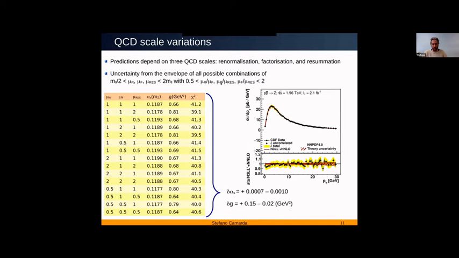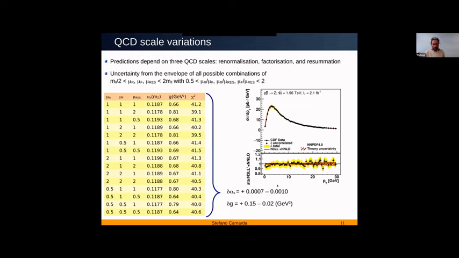So to compute missing higher order uncertainties, I combined all possible choices of scales, discarding factor of 4, and here you can see the full list of scale variations that leads to an envelope in alpha S of 0.7, 10 to the minus 3 to 1, 10 to the minus 3.